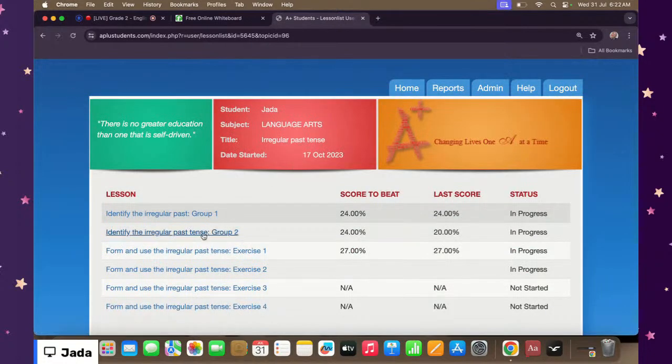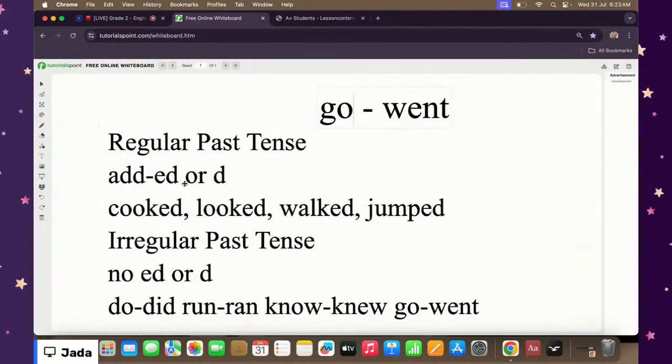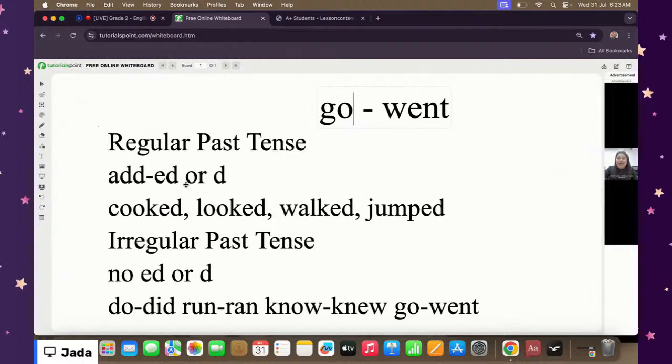We have identified the irregular past tense, group 2. So this is also identifying the irregular past tense. Now, we've said this already: for the regular past, you have to add ed. But for the irregular past, you do not add ed. You have to be the one to figure out the irregular past.